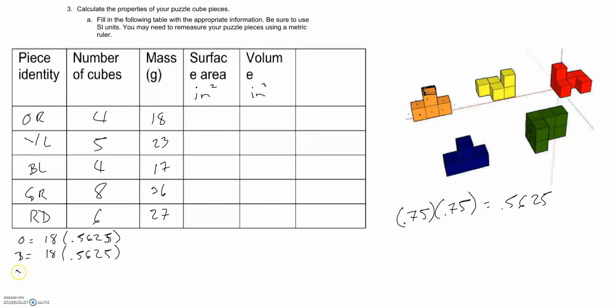And if you get confused, just remember: we have a front and a back that are the same, a left and a right that are the same, and a top and a bottom that are the same.